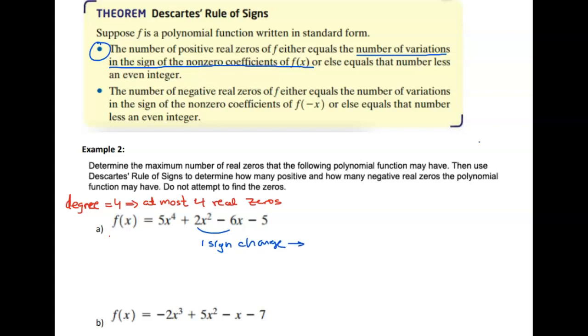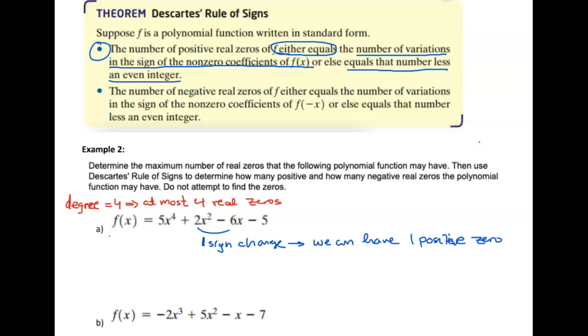Right? So this means that, it either equals the number of variations or else equals that number less an even integer. Okay? So this says that we can have one positive zero. All right? So there's one sign change.